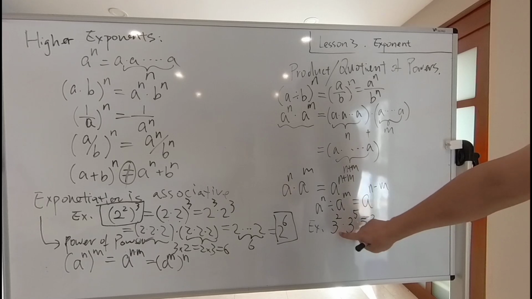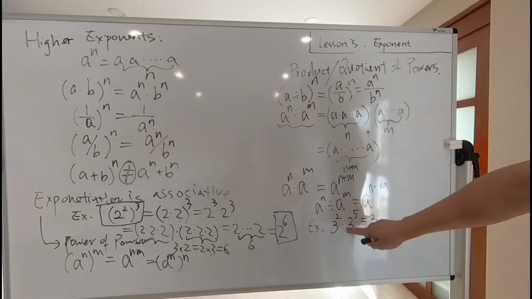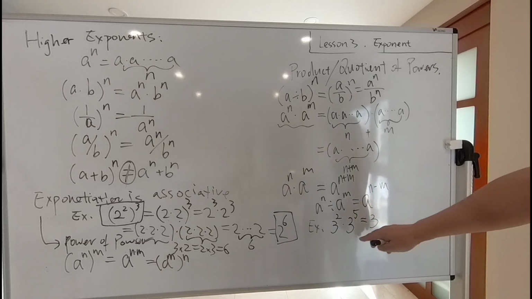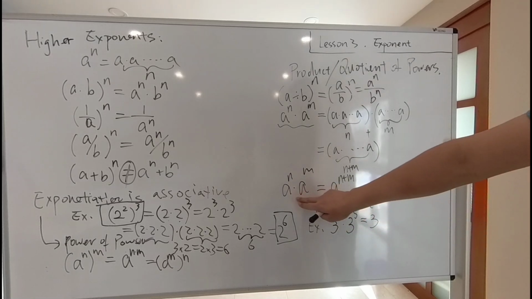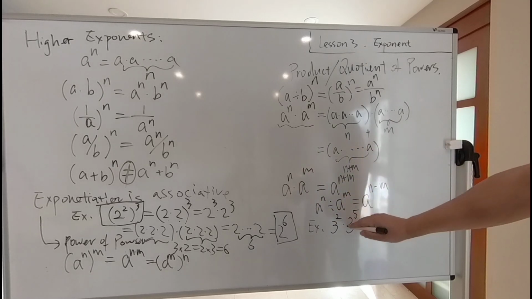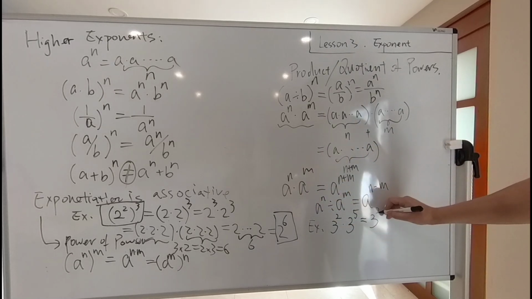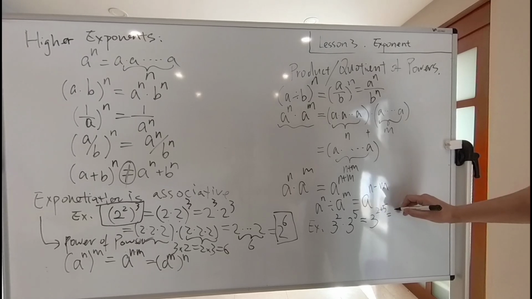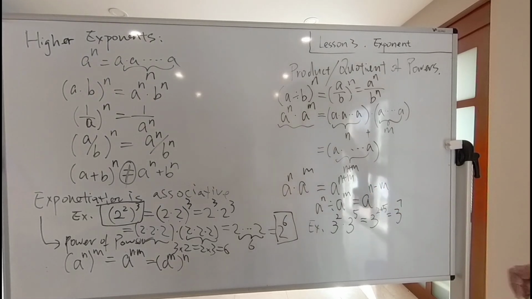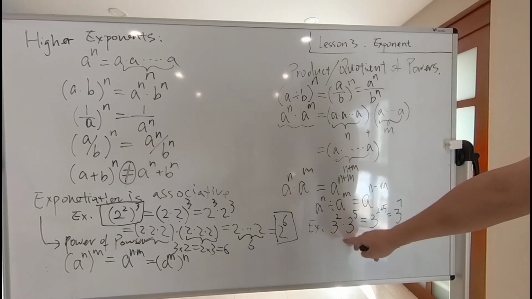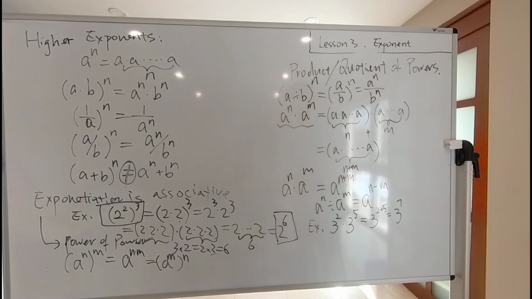They're both base 3, but they have different powers. And since this is a multiplication, I can simplify them into one term with the same base, with the power 2 plus 5, which is 7. So this simply shows that if you have the same base with different powers, they can be written together into one term. And this will be helpful when you need to simplify a complicated expression later.